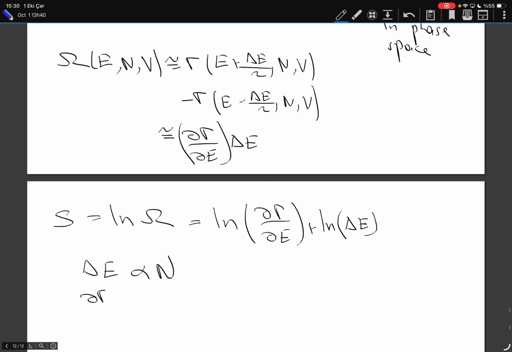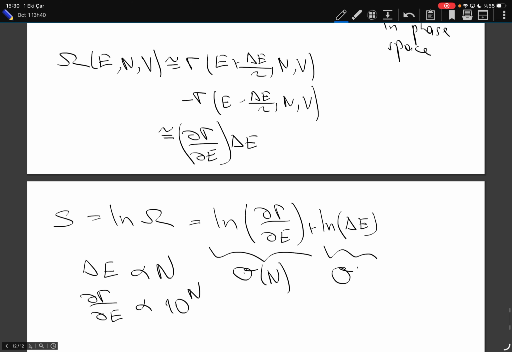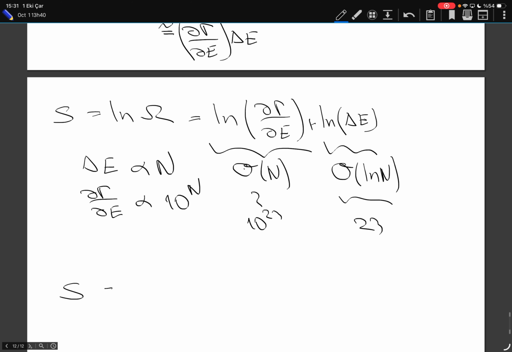But this del gamma by del E will be of the order of 10 to the power n. So this term over here is of the order of n, whereas this term is of the order of the logarithm of n. This is 10 to the power 23. This is just 23. So I don't really care what delta E is. I can approximate entropy as the logarithm of del gamma by del E.